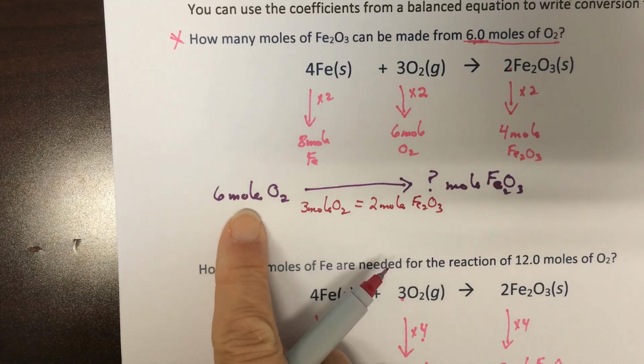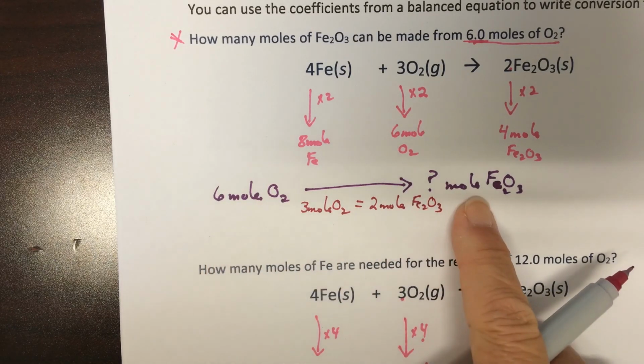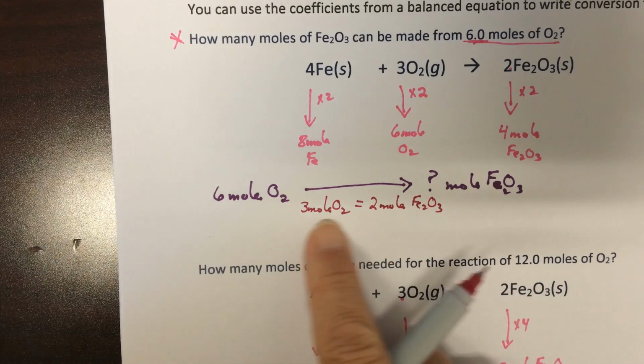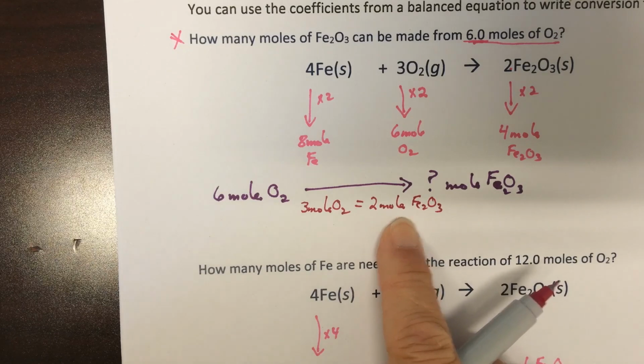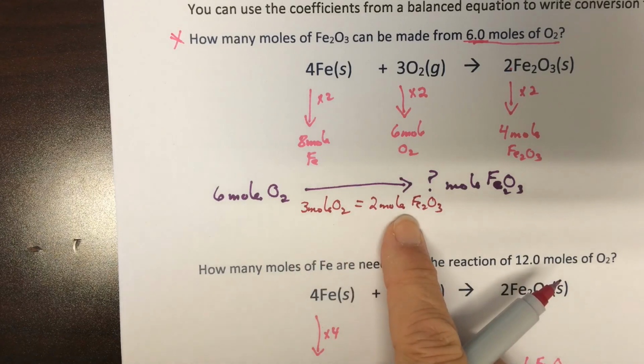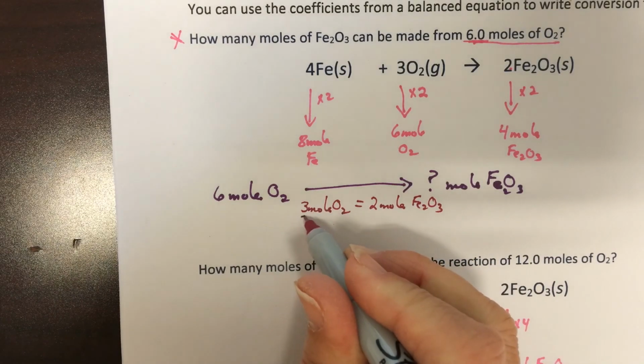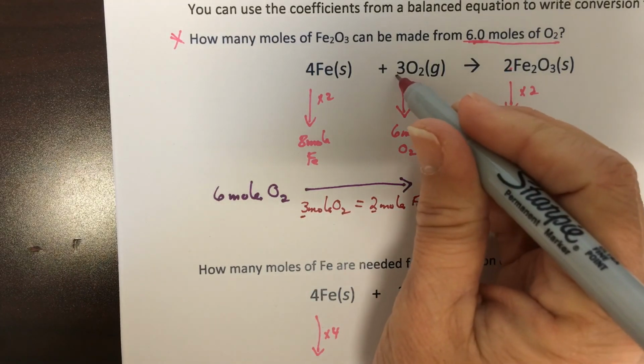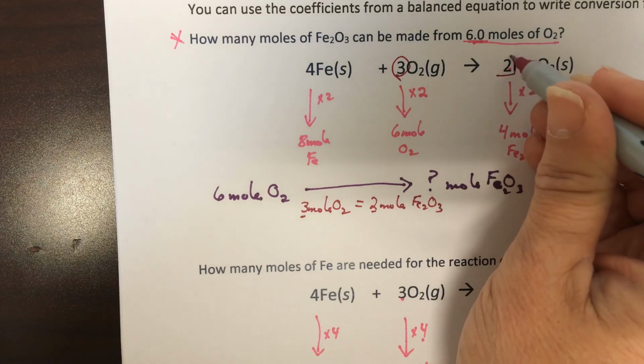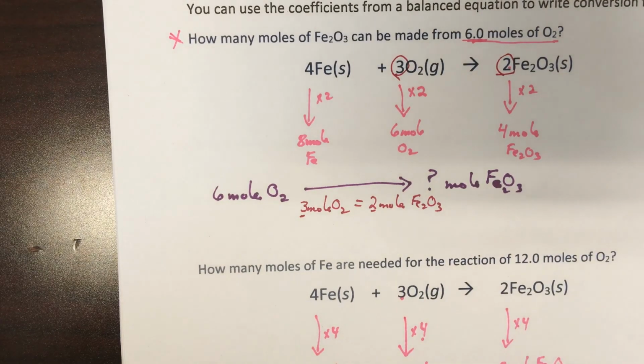We're going from 6 moles of oxygen to an unknown number of moles of iron oxide, and we have an equality that relates the two, moles of oxygen and moles of iron oxide. Remember, these numbers that are in front came from right here and right here from our balanced equation. So now we're ready to set up our problem.